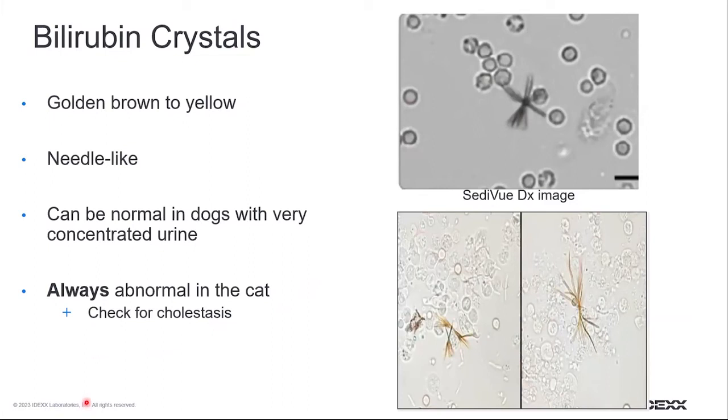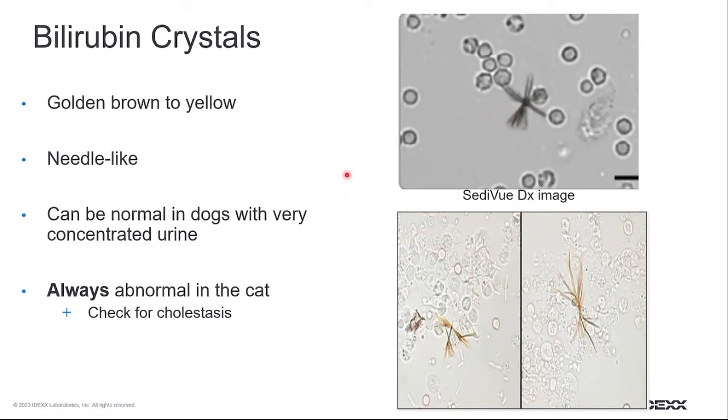So lastly, as far as crystals are concerned, I wanted to mention bilirubin crystals. On standard microscopy these tend to be golden brown to yellow, and on SediVue black and white, as I've mentioned. They kind of look like needles or wheat sheaths, if you like. In dogs, which we're not talking about today, but just a word to the wise, these crystals can be normal in dogs with very concentrated urine.